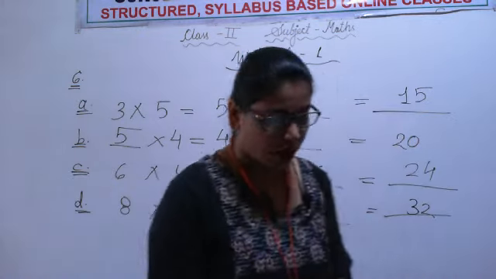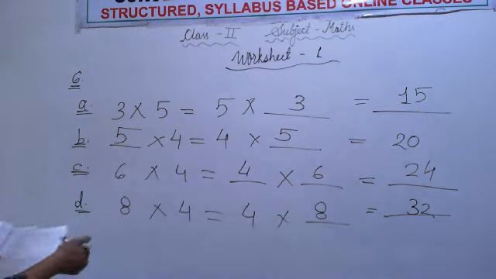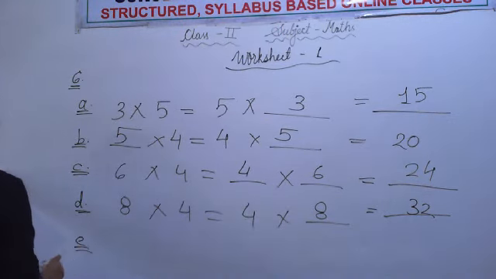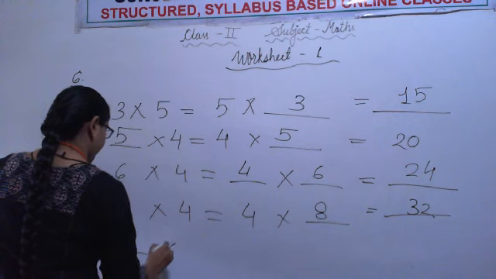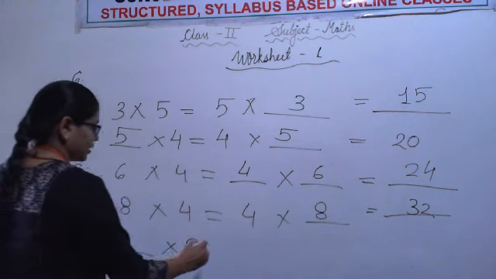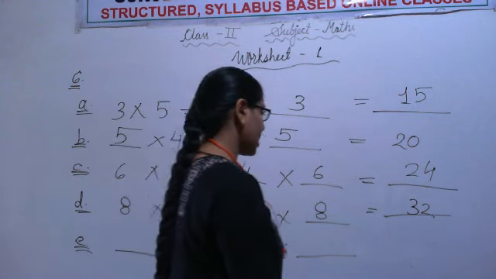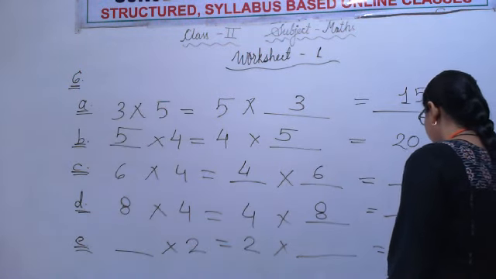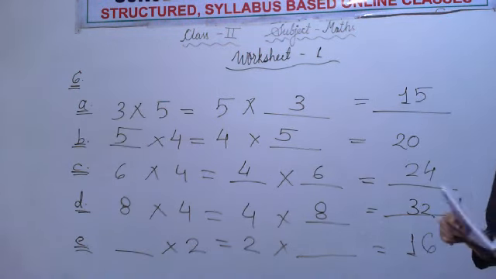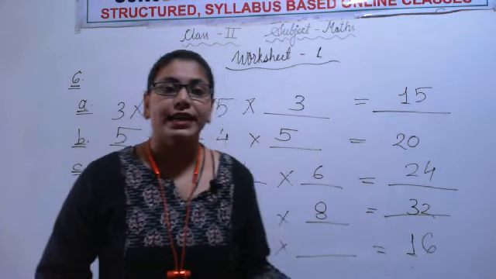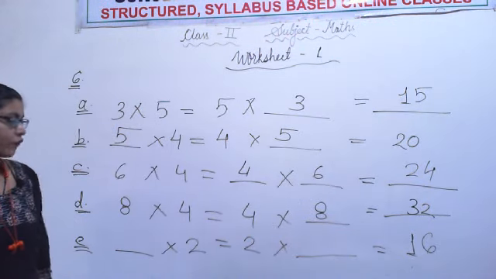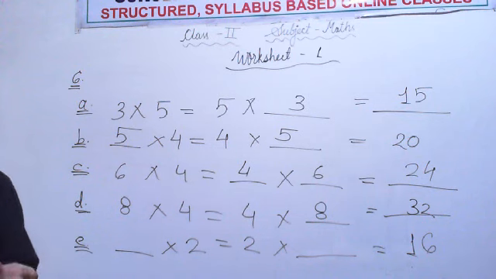Now the last of the same question, question E, is blank into 2 is equals to 2 into blank is equals to 16. So again we need to find out how many times 16 comes in the table of 2. Recite the table of 2 and try to find out the answer.